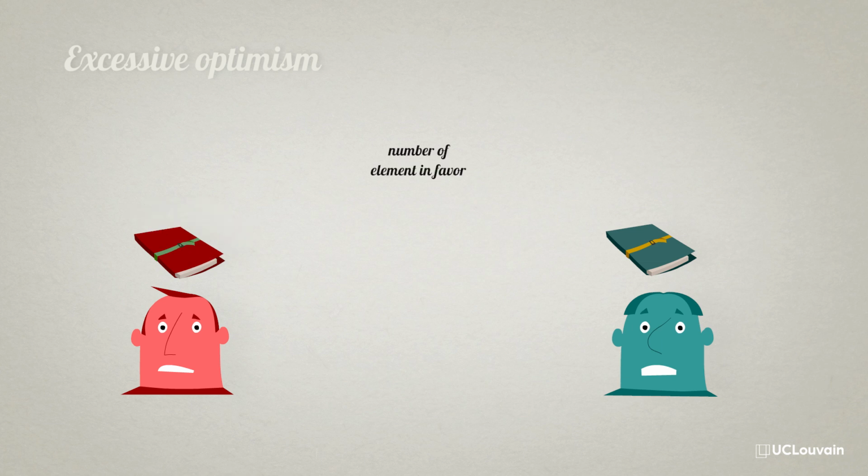Now let's look at how these numbers differ between people who imagine themselves in the role of the plaintiff and those who imagine themselves in the role of the defendant. As you can see, the evaluation of the case seems to differ depending on whether we imagine ourselves as plaintiff or defendant.